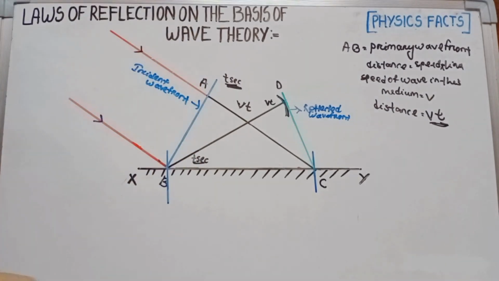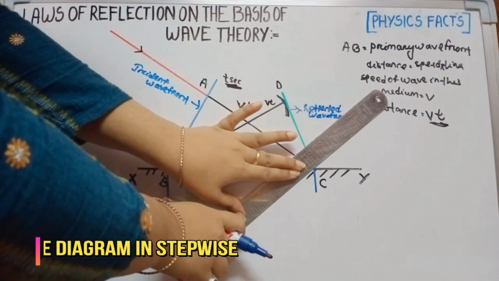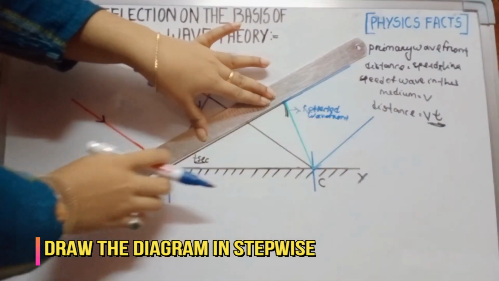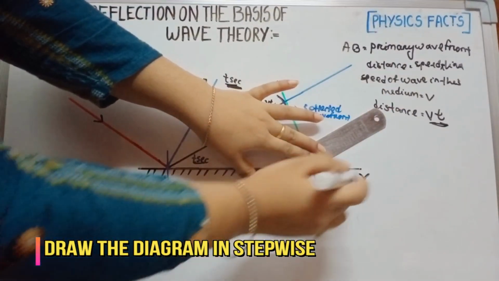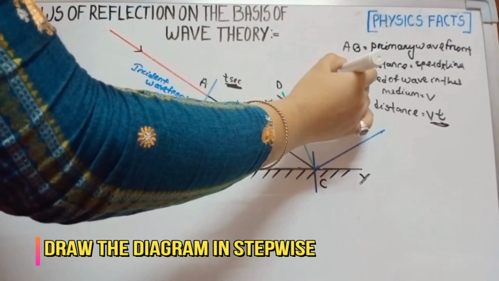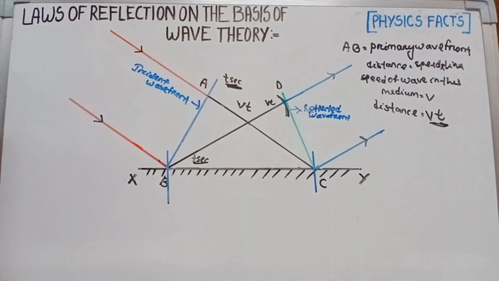Now the reflected rays propagate along the direction of the reflected wavefront, so we get these two reflected rays. These two are the reflected rays, and these two are the incident rays.